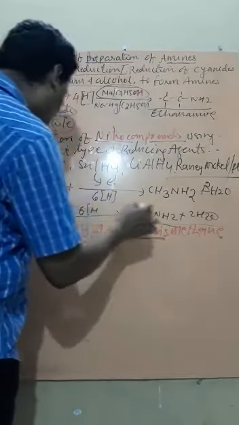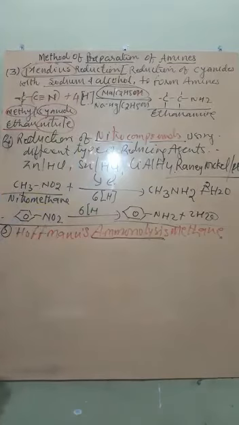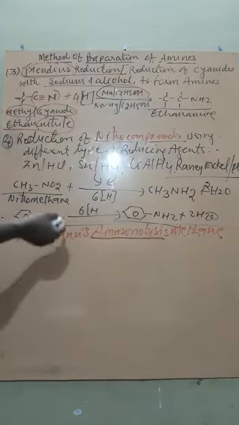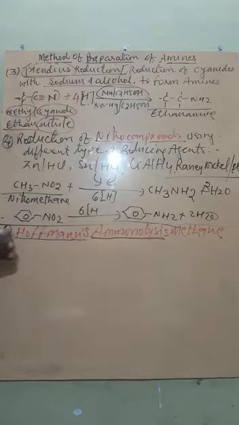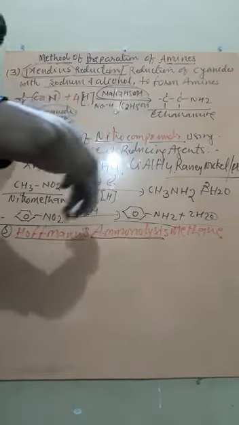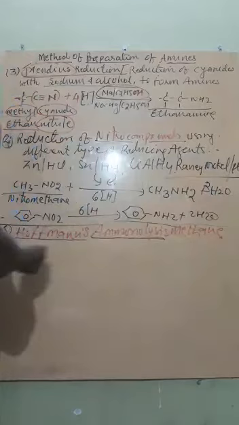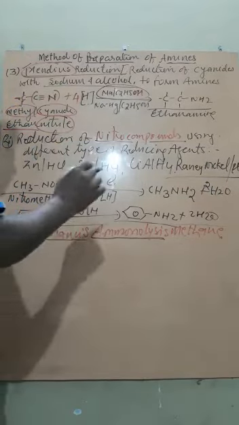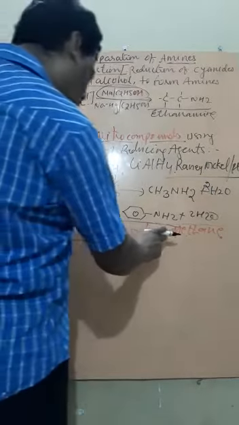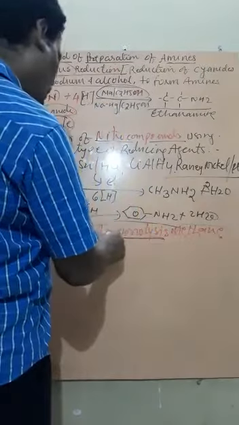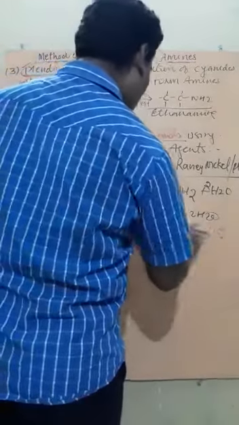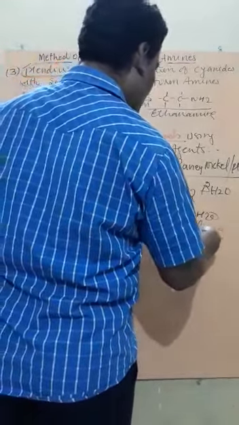Now remember one thing, two reactions are earlier, and one more reaction is introduced on the basis of the name Hofmann. The second one was Hofmann bromamide degradation, but here it is Hofmann ammonolysis reaction.